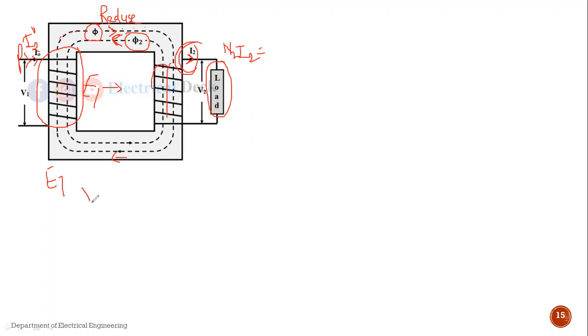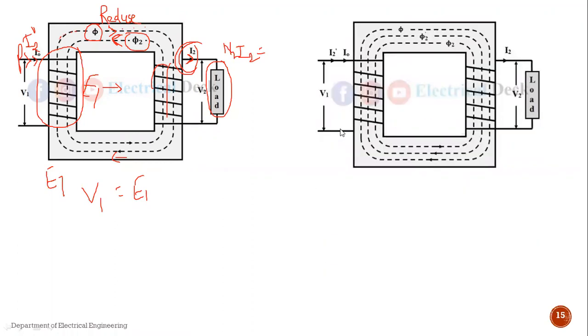At that situation, the supply voltage equals the induced EMF E1. Due to that additional amount of current, another additional flux will be set up in the core. I will show this in this figure.